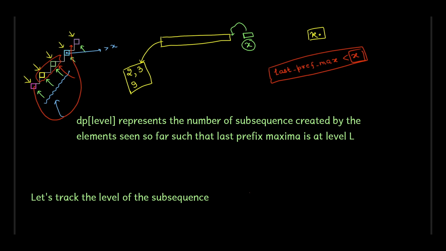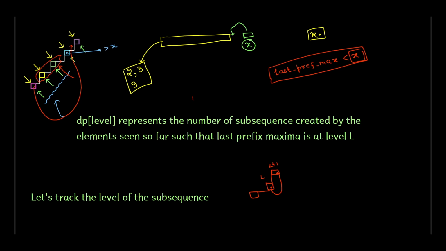This means that if you have this increasing subsequence of prefix maximas, and this jump leads you to this one, then you can start a new level. So basically you can go from level L to level L plus 1, but you should not be jumping levels.